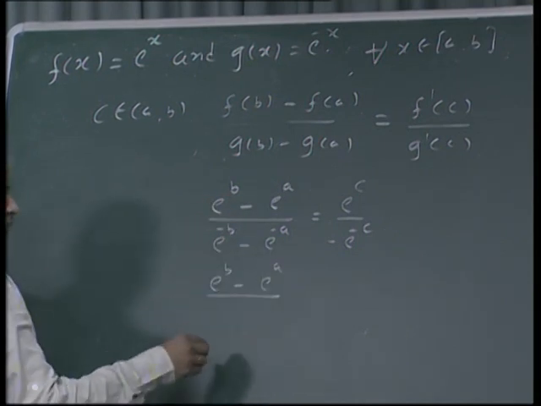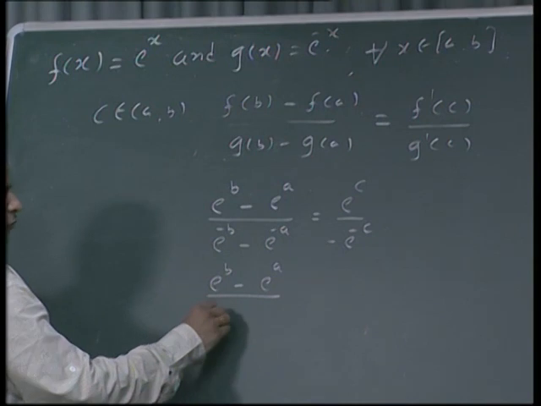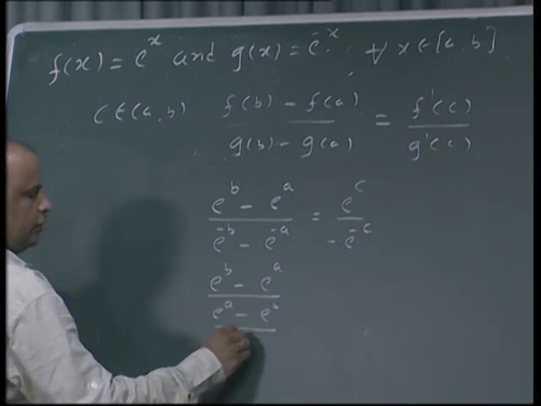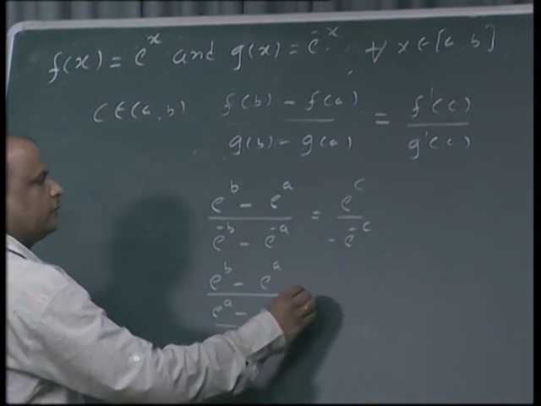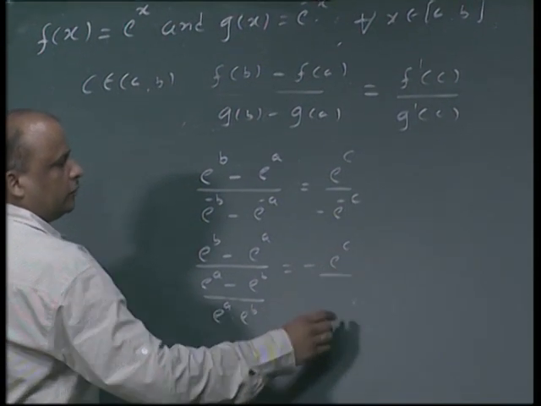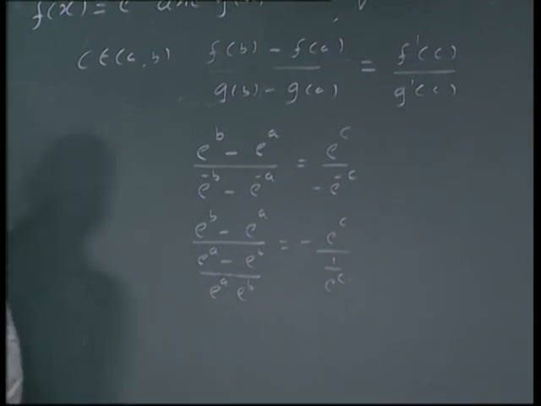Here if you take the LCM, you will find e raised to a minus e raised to b upon e raised to a into e raised to b, equals minus e raised to c upon 1 upon e raised to c.